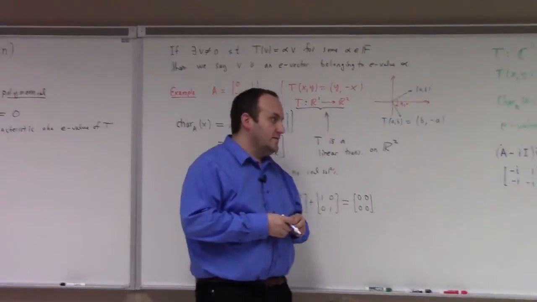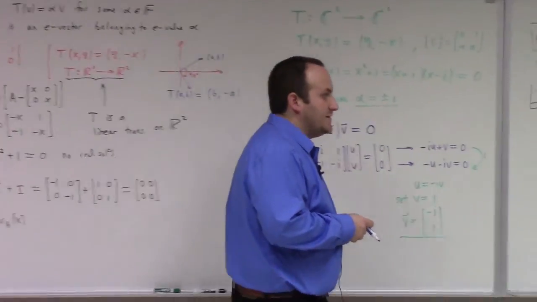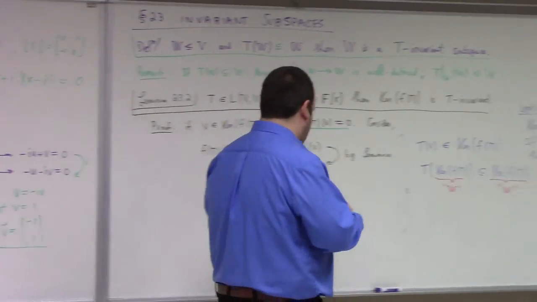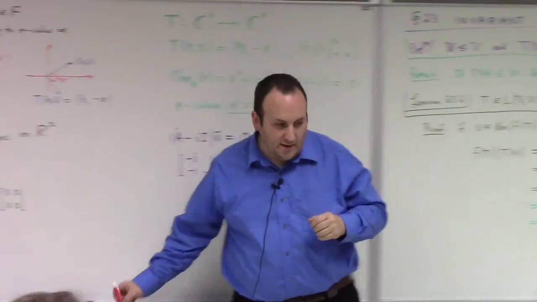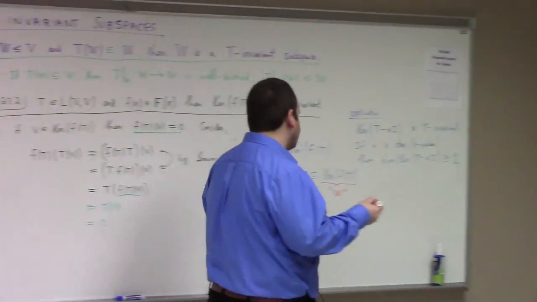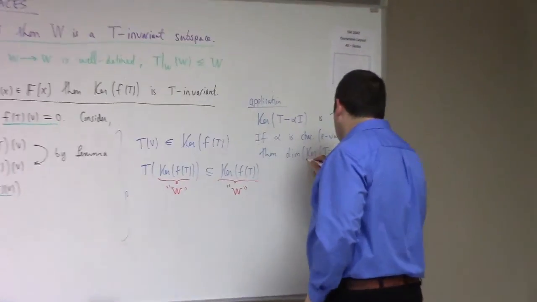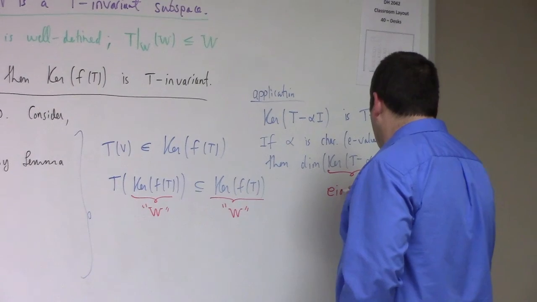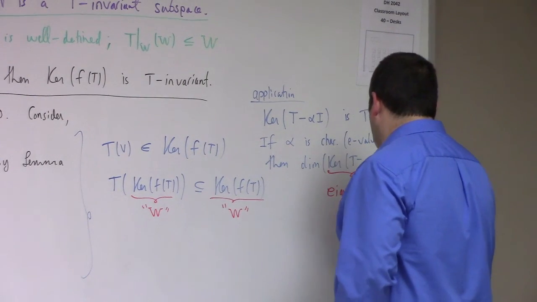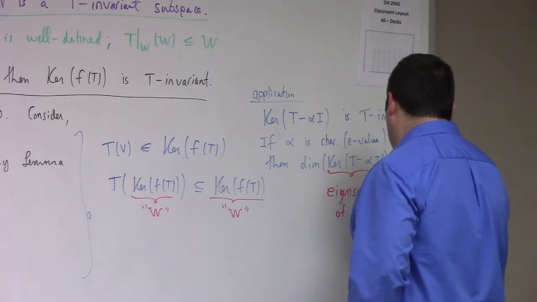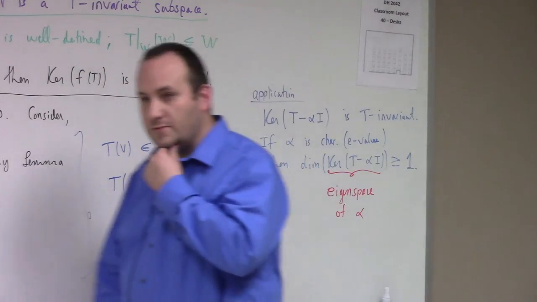This particular kernel has a name. This is called the eigenspace corresponding to eigenvalue alpha. I guess I could say eigenspace of alpha with respect to T.